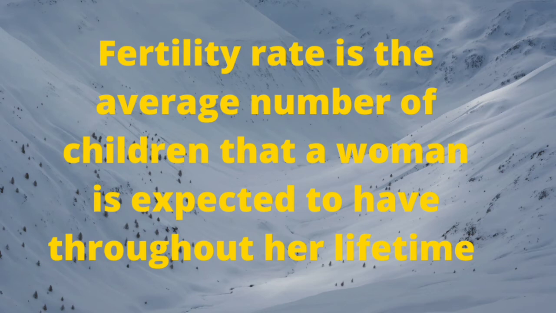Fertility rate may affect the age distribution of a population, because if the fertility rate is high, you are likely to have a large number of children in the country, so you are likely to have more children than older people. So that is the age distribution being affected.